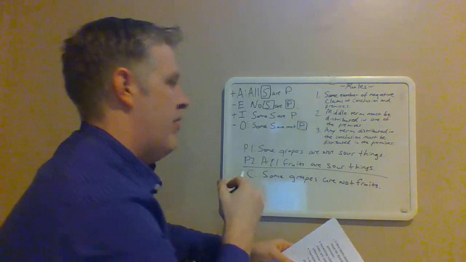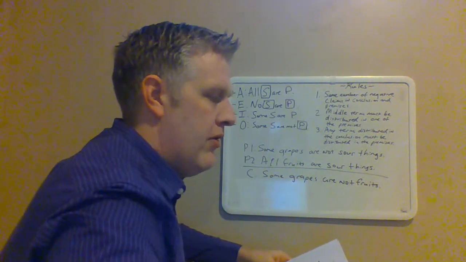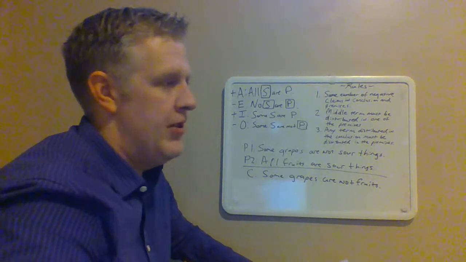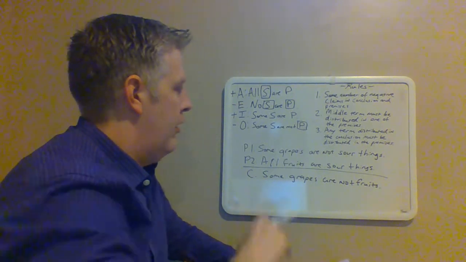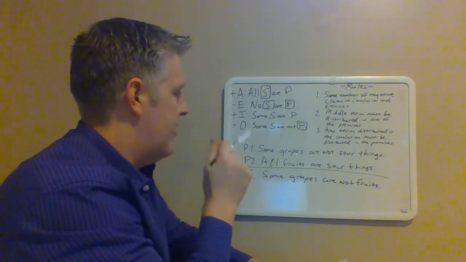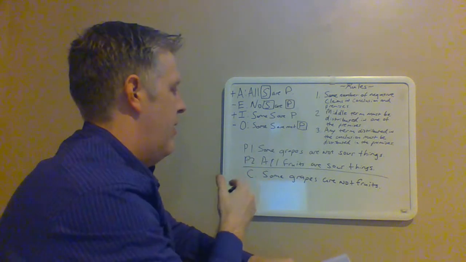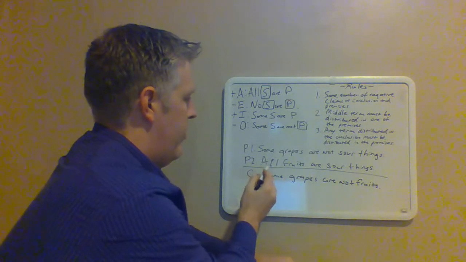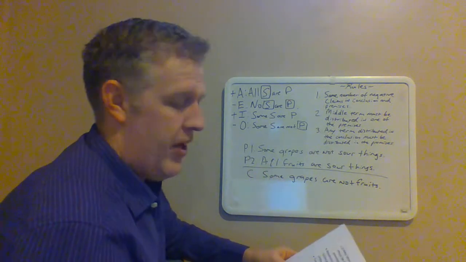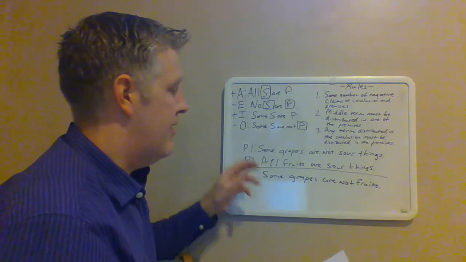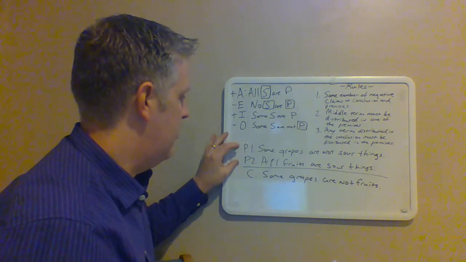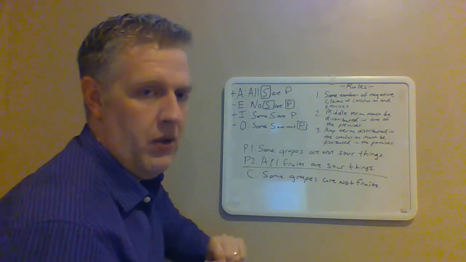Now there are going to be many instances where, and this is always kind of funky for the rookie logic student, which most of you guys are, right, you'll be calling an argument valid when it seems so obviously the case that a premise or multiple premises are just absurdly false, right? We know that it's not the case that all fruits are sour things, but as we'll soon discover here, this is nonetheless a valid argument, right? Provided these two premises are true, this conclusion will have to follow, okay?